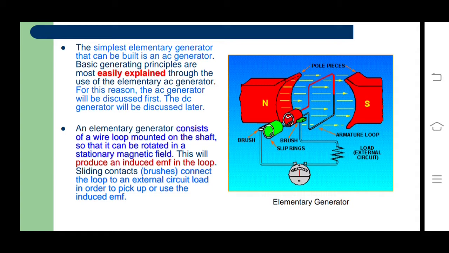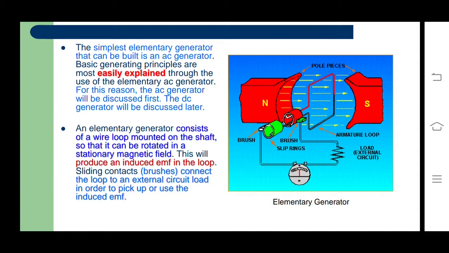This is the elementary generator, a simple loop generator. For this reason, the AC generator will be discussed first. So this is not a DC generator. See the figure: in the figure, this is a simple loop generator.